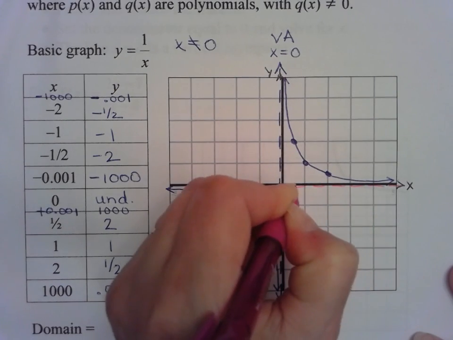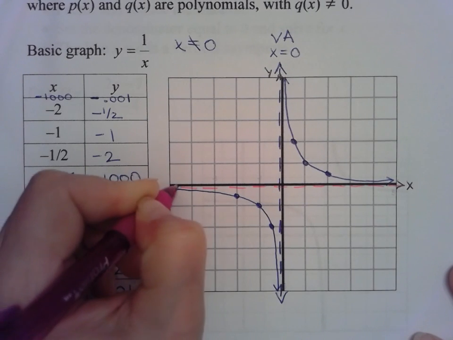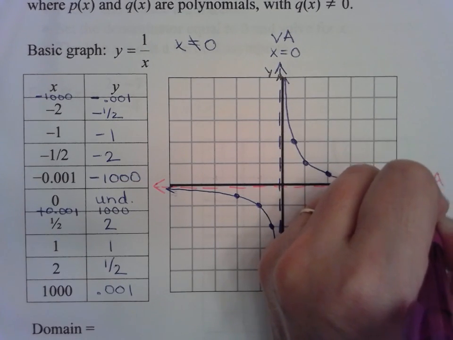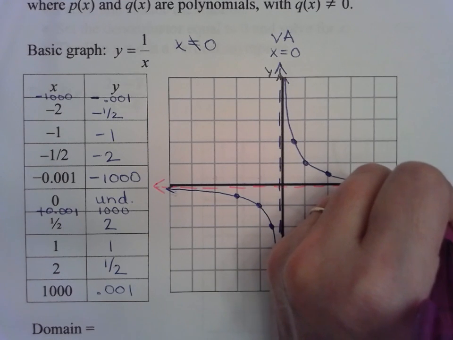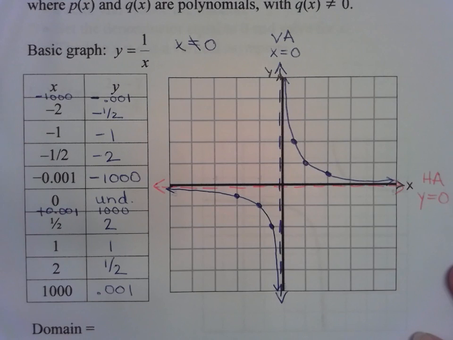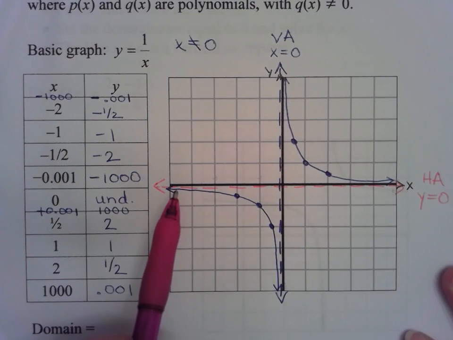And for this basic one, that happens to be right on the x-axis. So there's also a horizontal asymptote where y equals 0. And that's because the y value is approaching 0 at the ends of the graph.